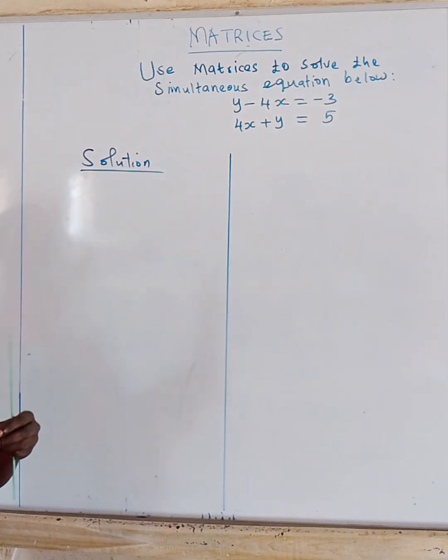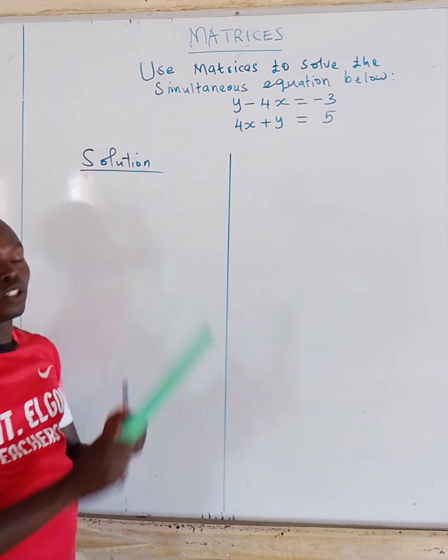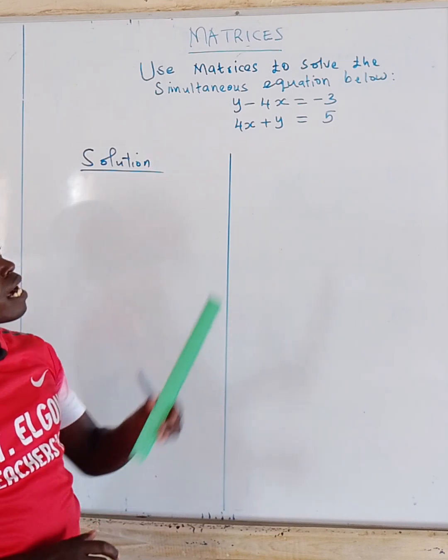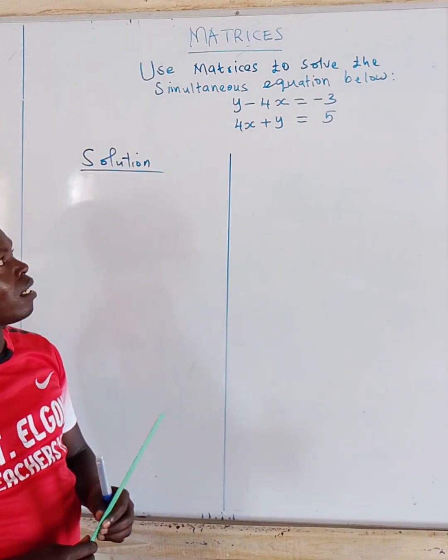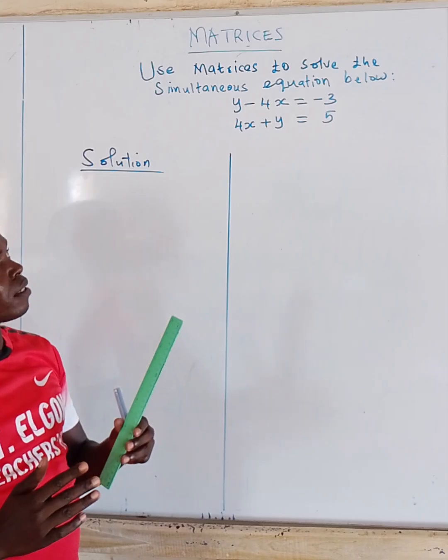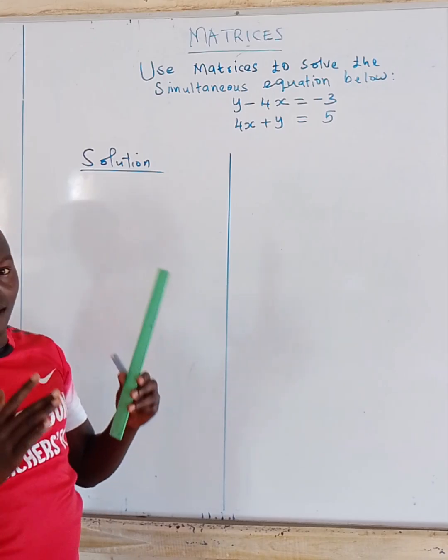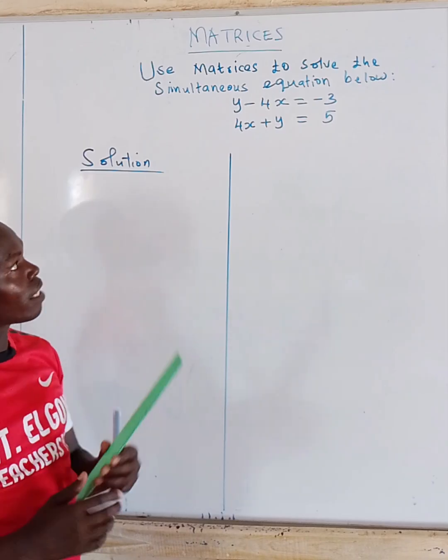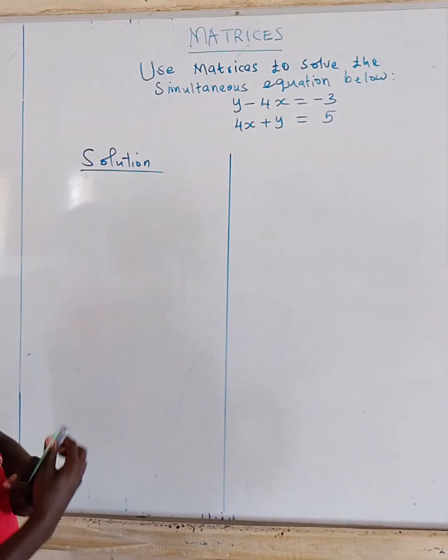Step one: if you look at these two equations, the variables are not in the same order. Therefore, we must rewrite them so that the variables are in the same order.